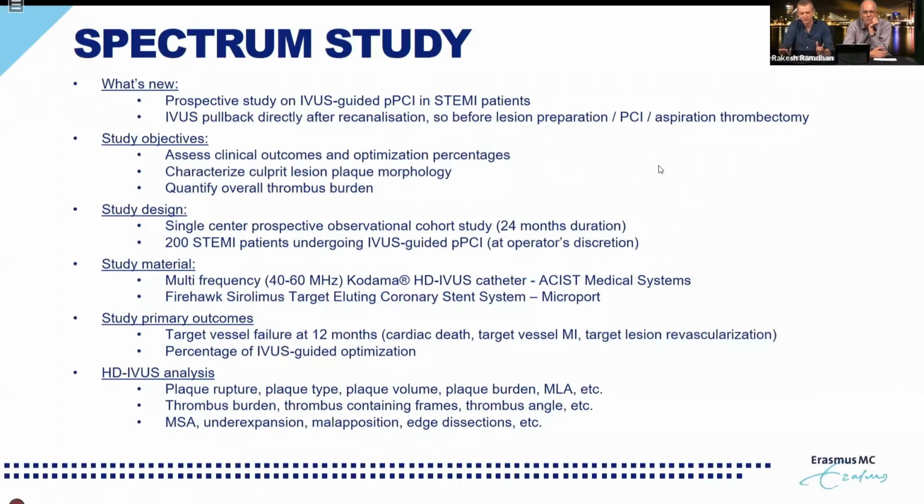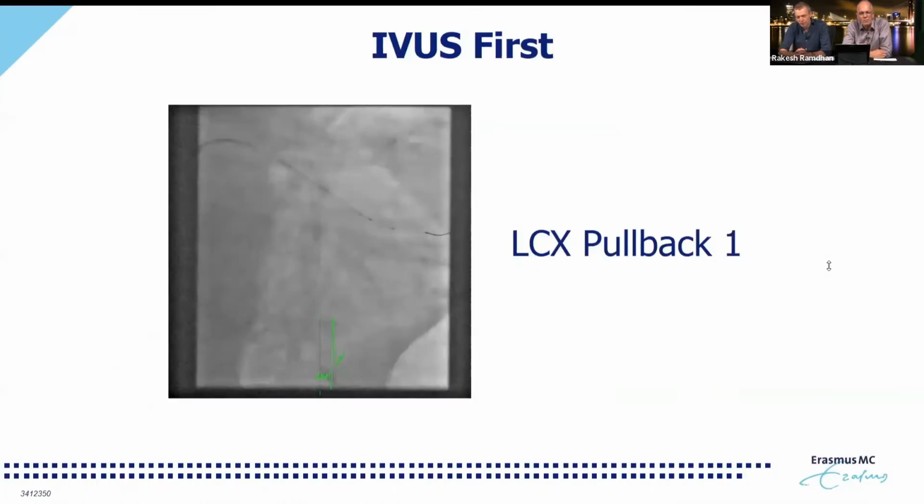Before any intervention, we did an IVUS pullback, then guided our stenting by the use of these IVUS findings, and also did post PCI optimization using the high speed and high definition IVUS system. Also in this case, we started with doing a pullback in the circumflex, and that is what we're going to show to you live on the ACIST console.